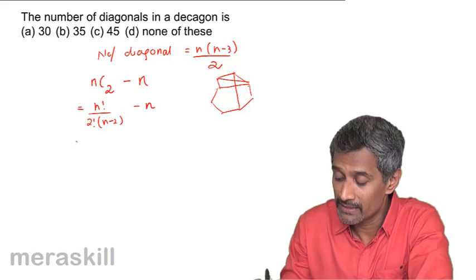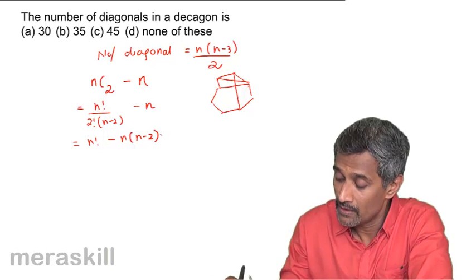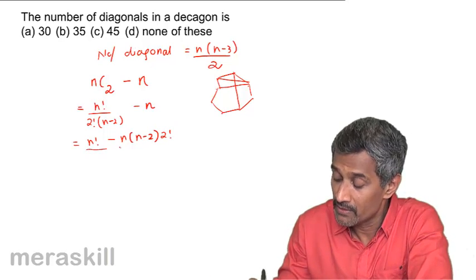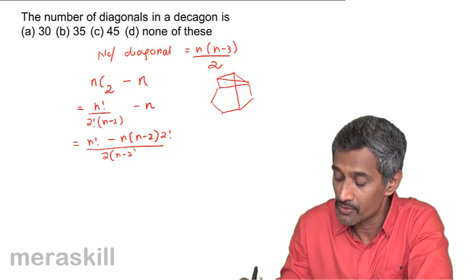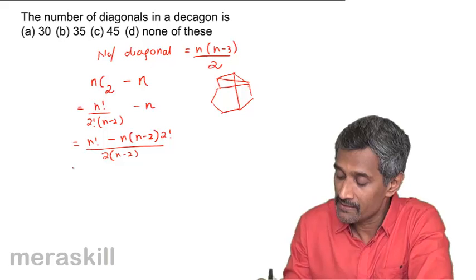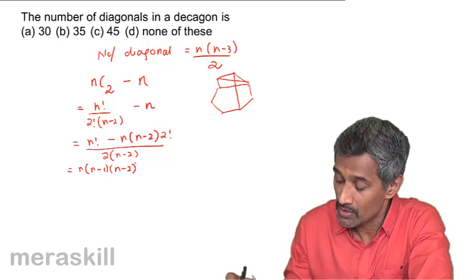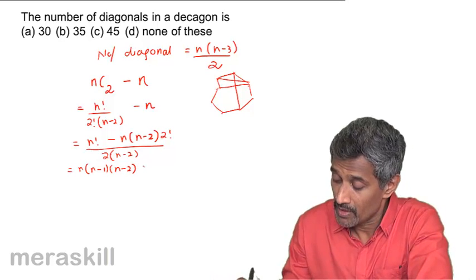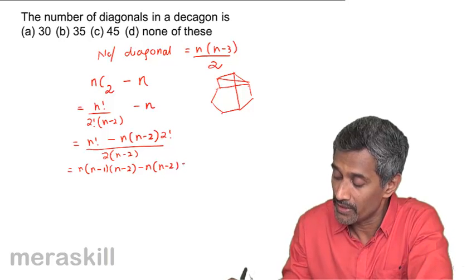If you take the LCM, this will turn out to be n factorial minus n into (n minus 2) into 2 factorial, upon 2 factorial, which is 2 into (n minus 2) factorial. Now if you simplify this, this will become n into (n minus 1) into (n minus 2) factorial, minus n into (n minus 2) factorial into 2.